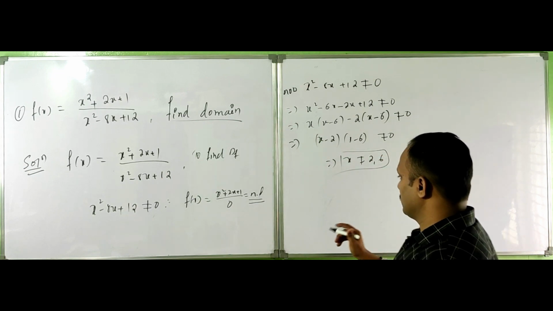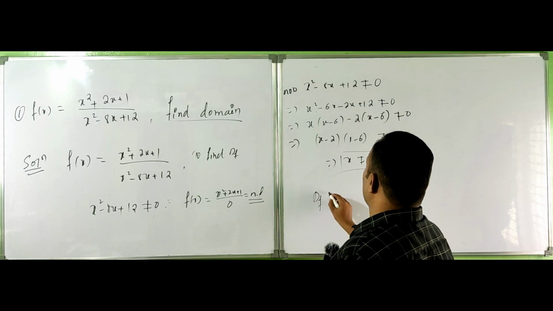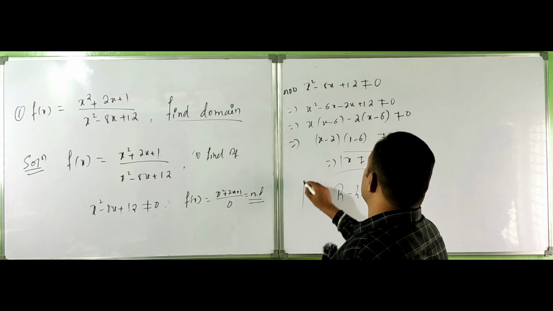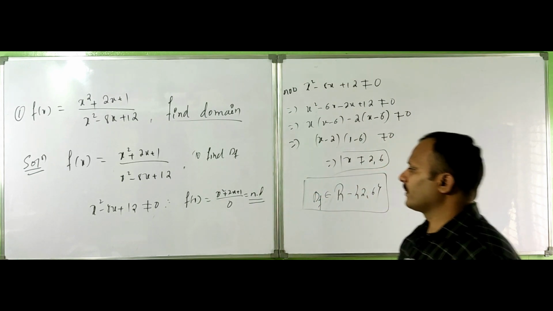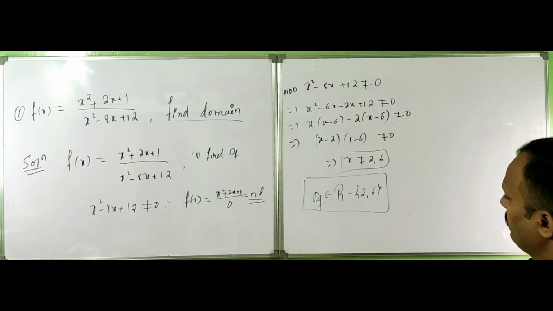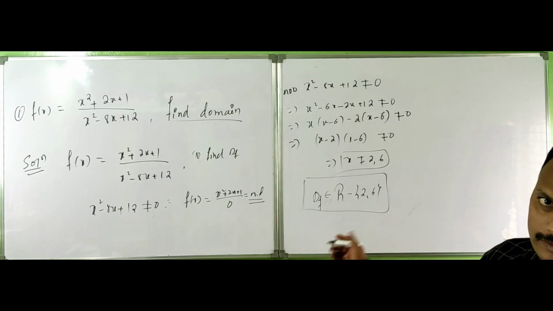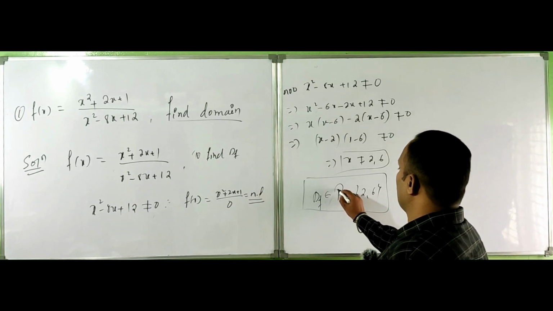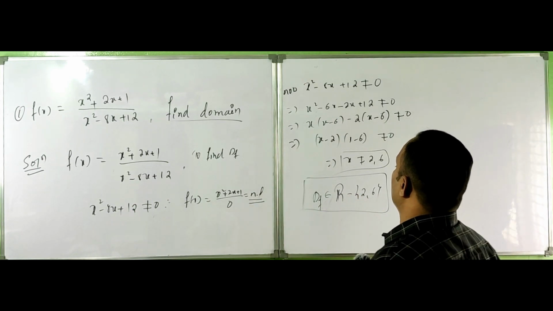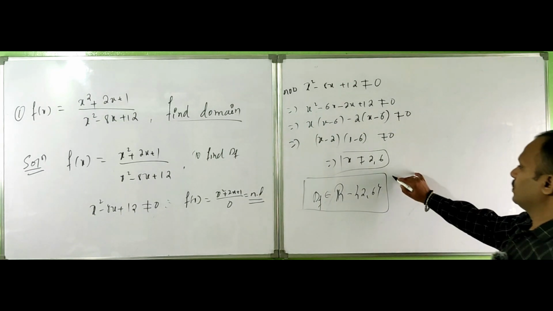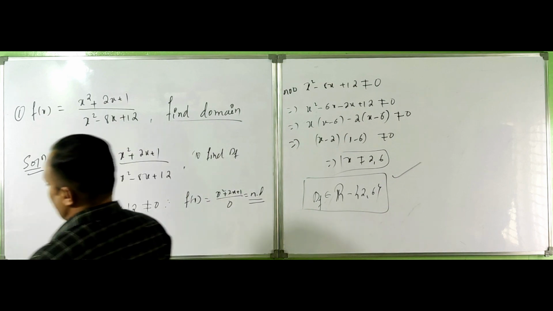Therefore, D of f belongs to R except the elements 2 and 6, right? Domain of f belongs to R. You can write belongs to R, you can also write equals R, the real number system, except the elements 2 and 6, is the domain for the given function.